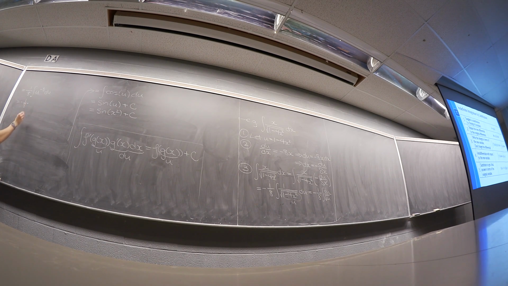Okay, so what do we got? What did I say? 2u to the 1/2. Excellent. Take the derivative, make sure that makes sense. Again, just power rule backward. This will get nicer.